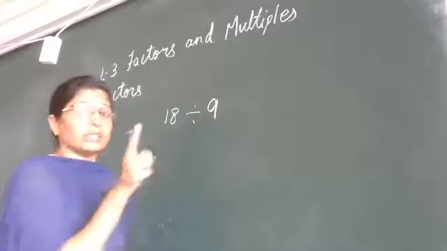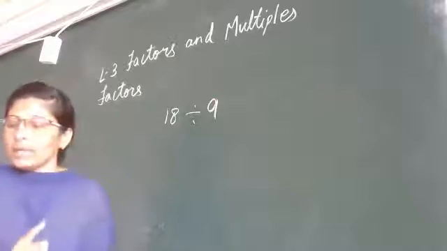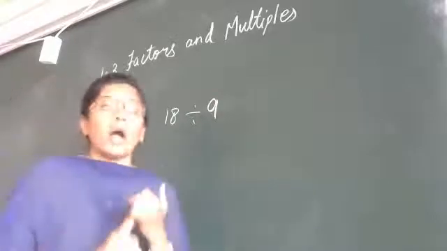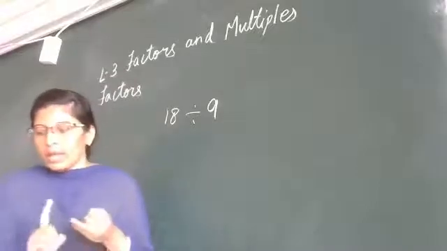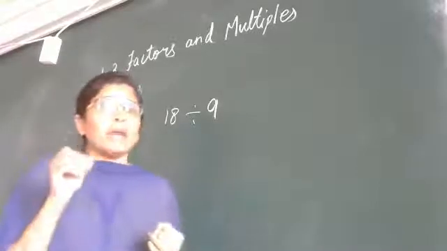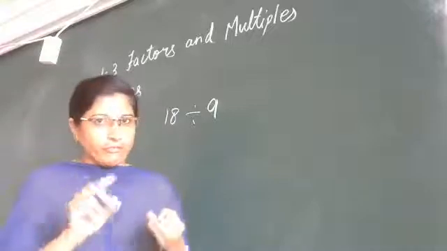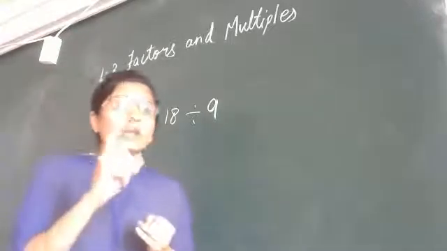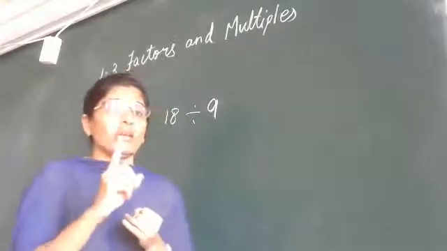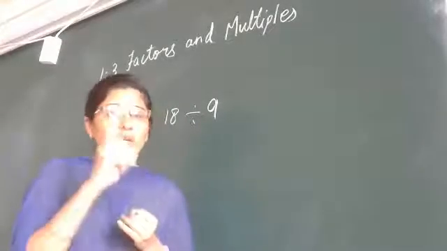So this is the factor, and the properties we saw: the number 1 is the factor of all the numbers. The same number is a factor of itself. This is the second property. Third property, 1 is the smallest factor. Means always you should start from 1.